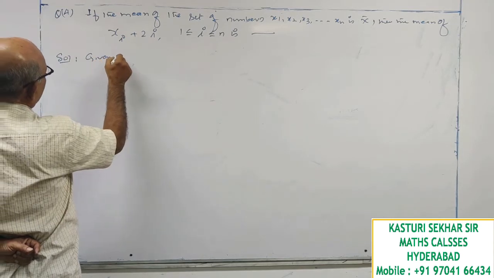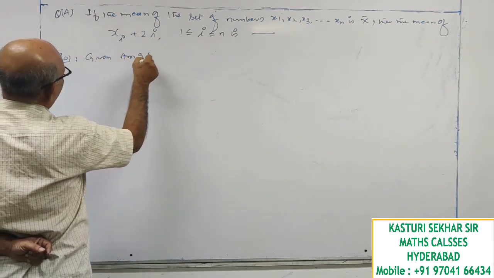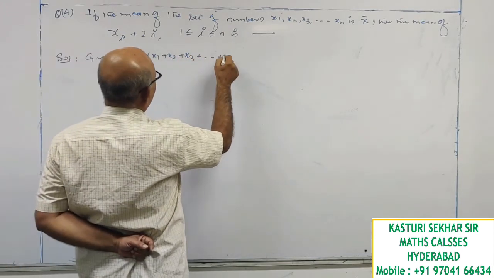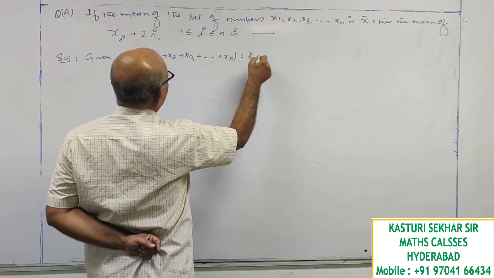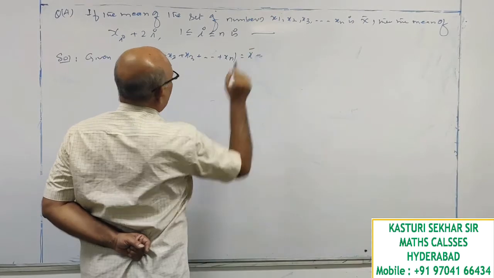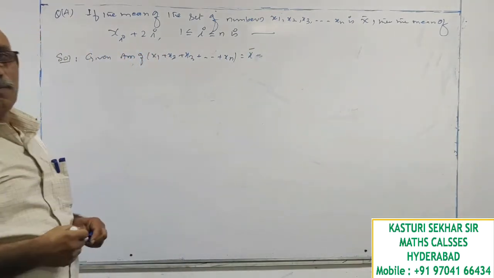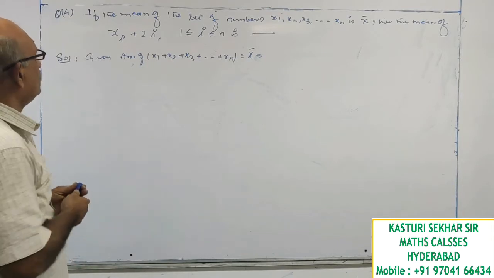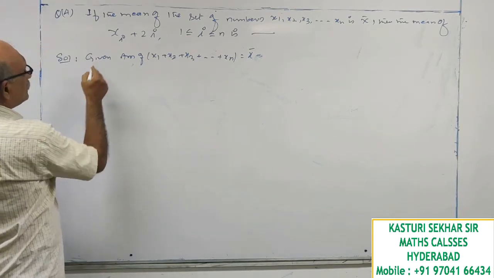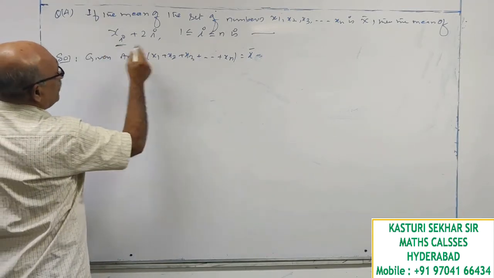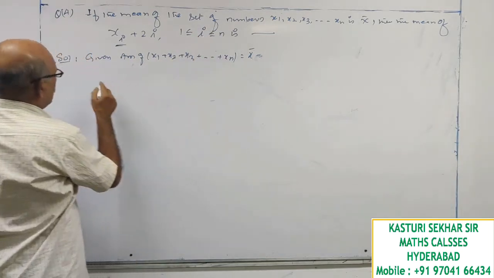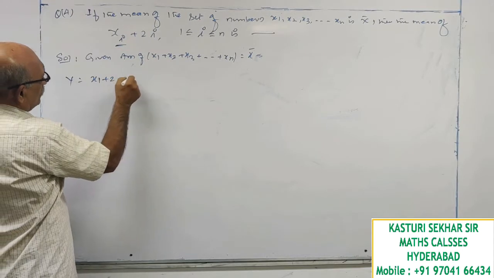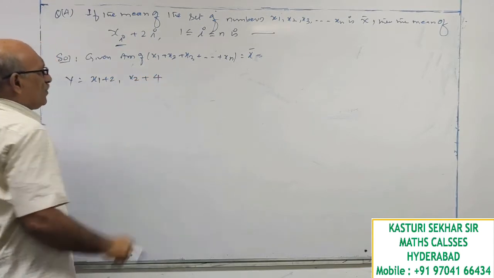Given, arithmetic mean of x1 plus x2 plus x3 plus etc plus xn is x bar. Now here I'll replace i with 1 to n. y is equal to x1 plus 2, x2 plus 4.